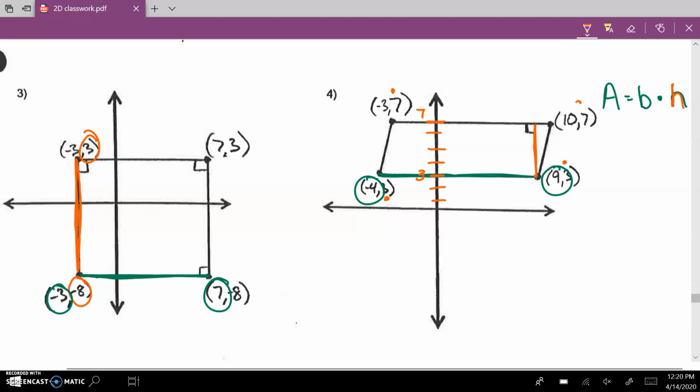So you have to count how far it is in between. I'm starting here at 3, so every time I move, I count. I have 1 spot, then 2 spots, then 3 spots, then 4 spots. So this would be 4.